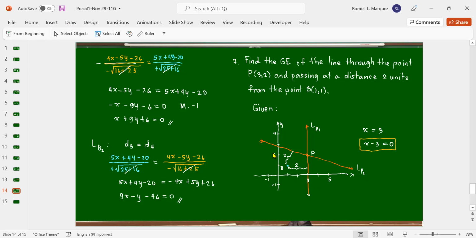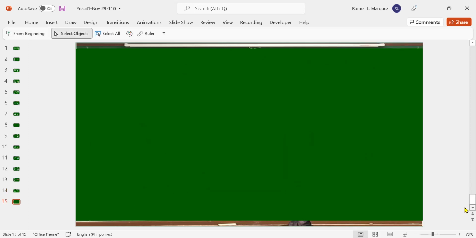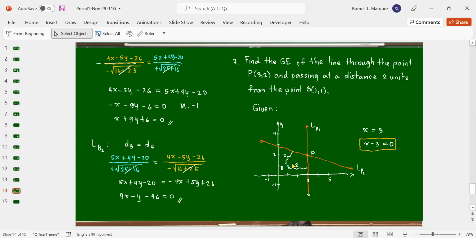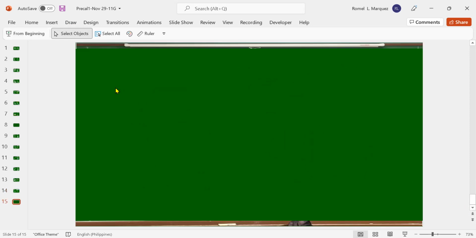And let's see if it's really above or inclined here like this. This line, we don't know, no? But it passes through where? Through (3, 2). So that's a challenging part there.